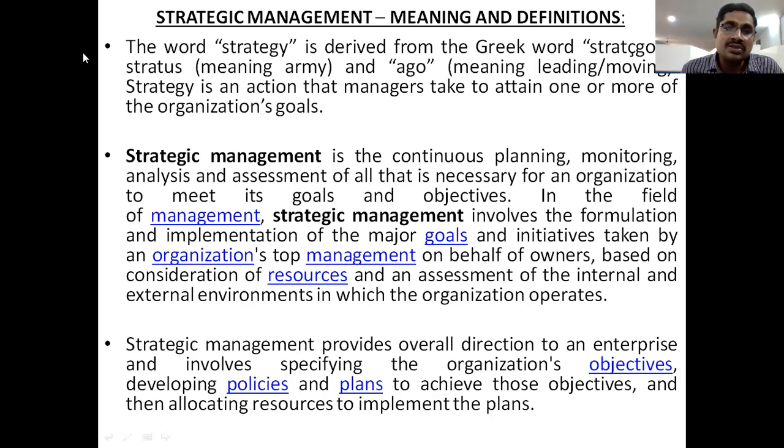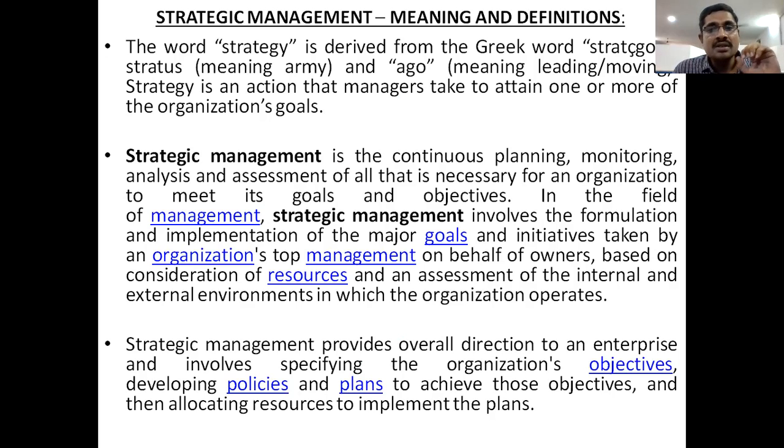But here strategy means this plan, an excellent, marvelous and superb plan is called strategy, right? So these strategies are excellent, extraordinary plans for achieving the targets of the company.